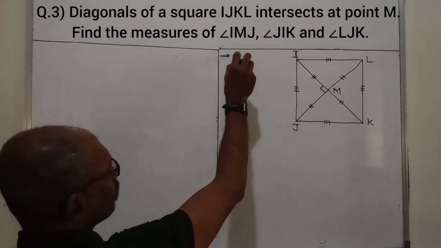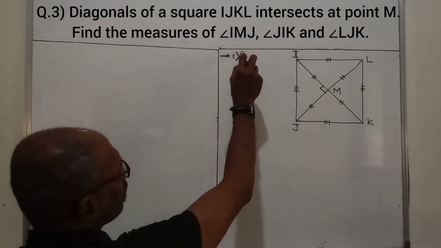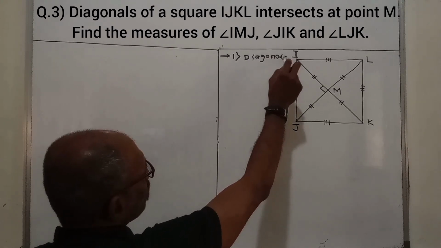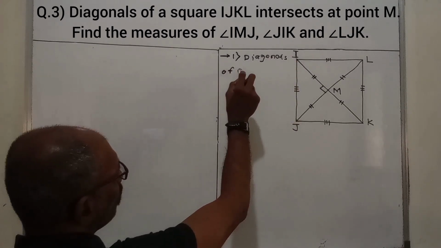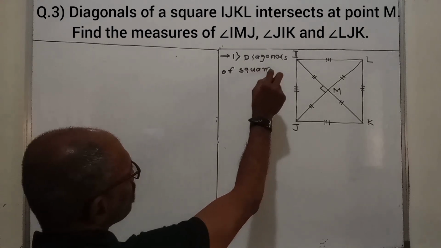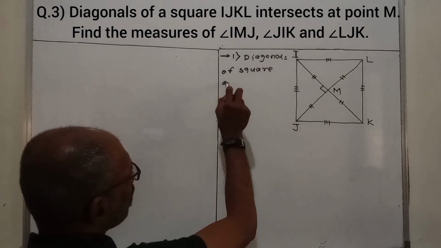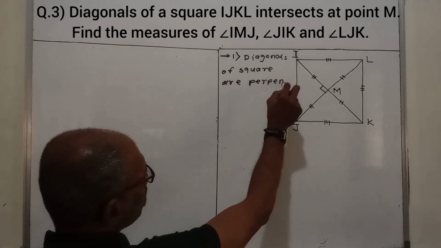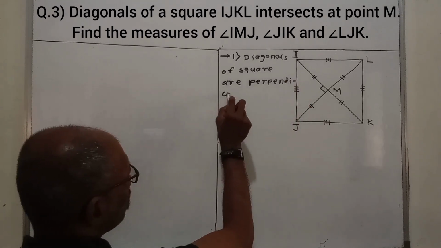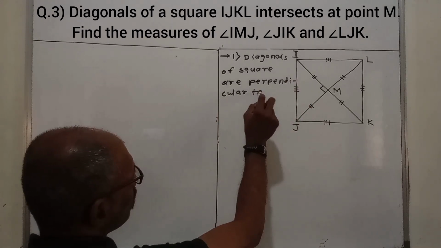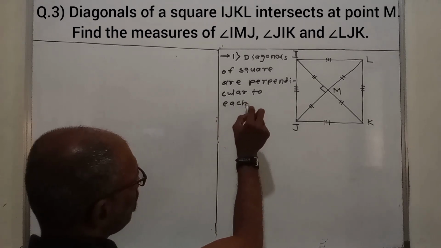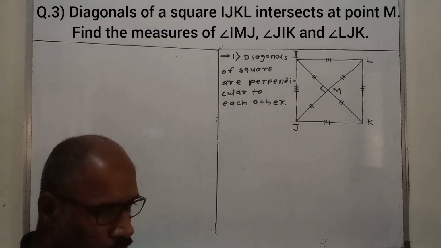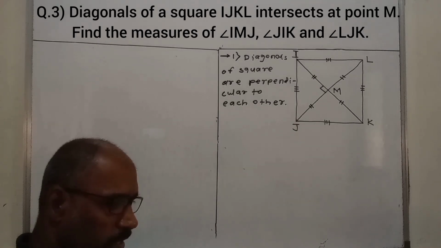See here. First, diagonals of square are perpendicular to each other. Perpendicular bisectors also. Perpendicular as well as bisectors also.